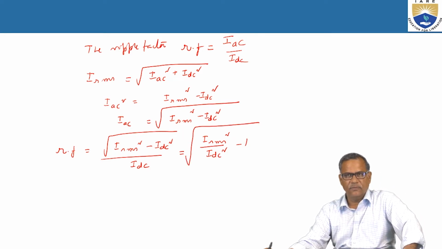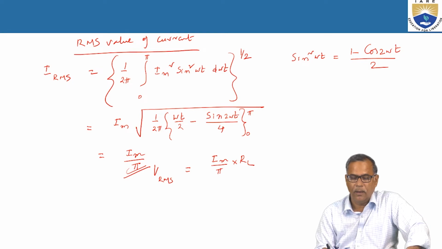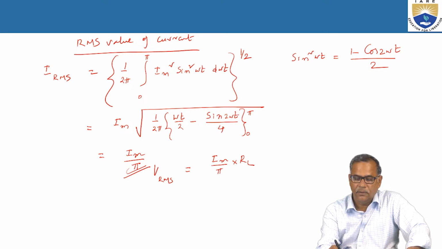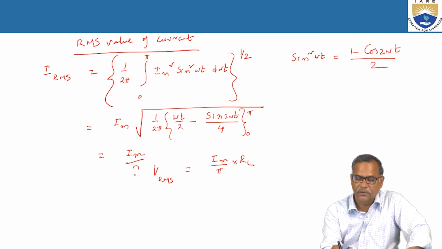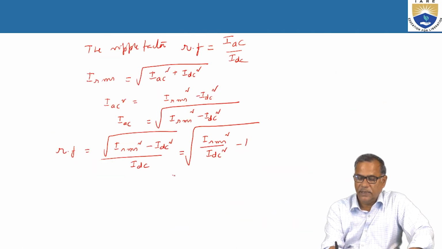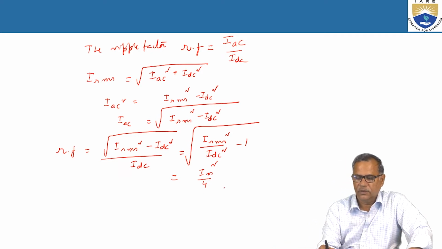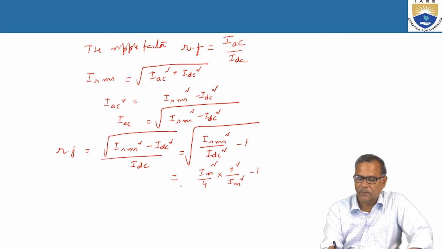So what is IRMS? We have just now calculated IRMS as Im by 2. That means IRMS square is Im square by 4. And what is IDC? IDC is Im by pi. So into pi square divided by Im square, minus 1.